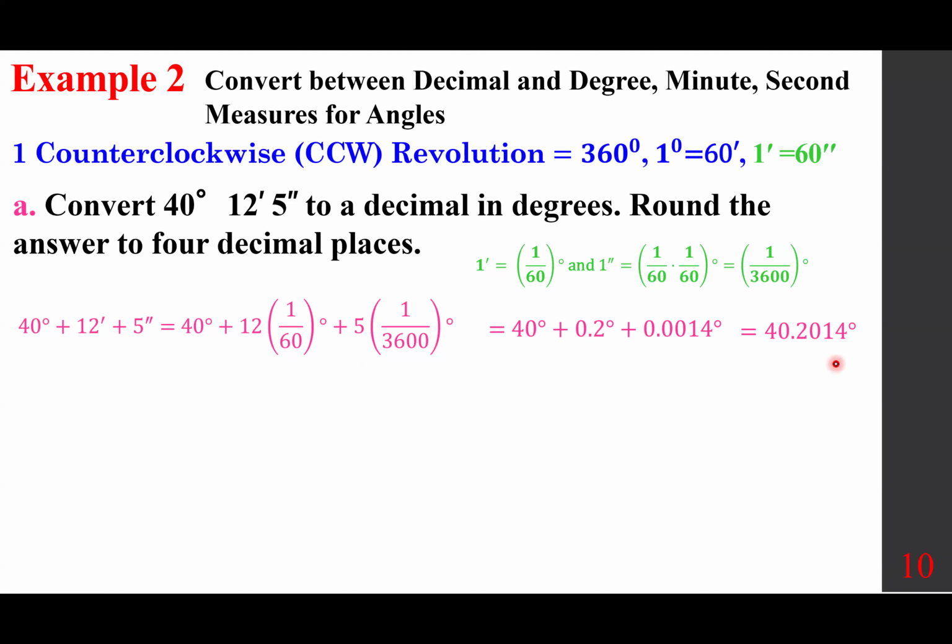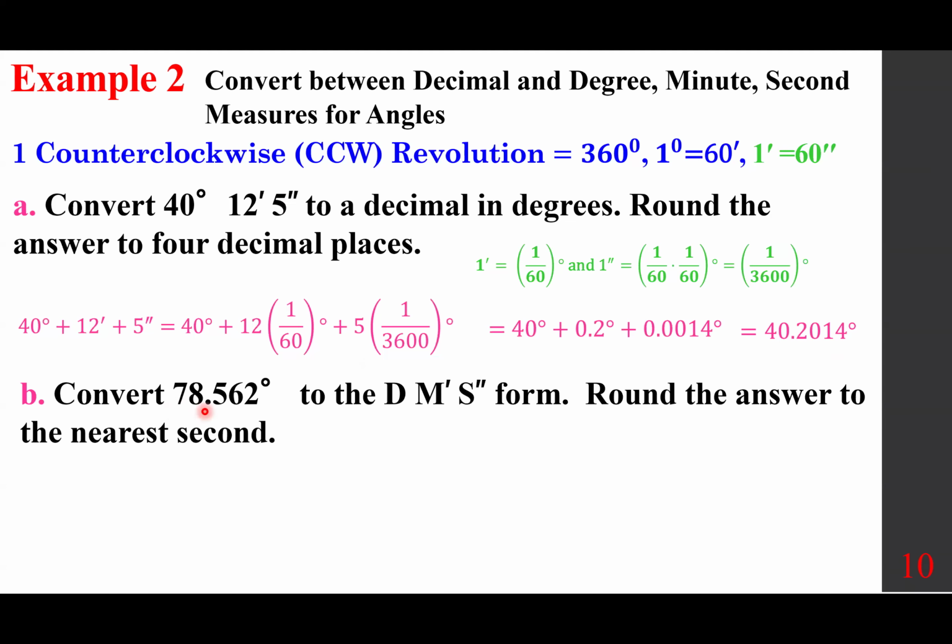Now, the reverse process. Convert 78.562 degrees to the degrees, minutes, seconds form. Round the answer to the nearest second. So this is the sum of 78 and 0.562 degrees.